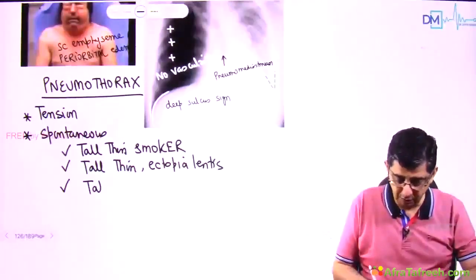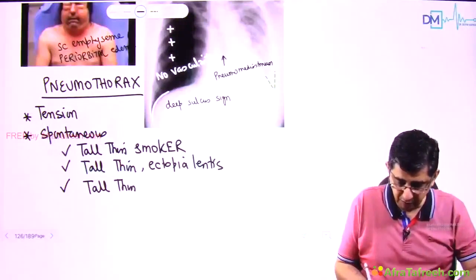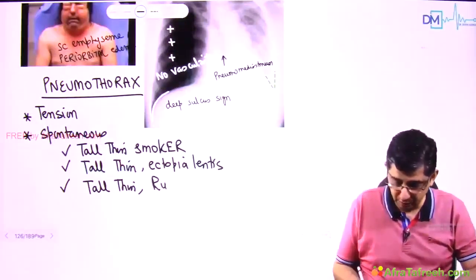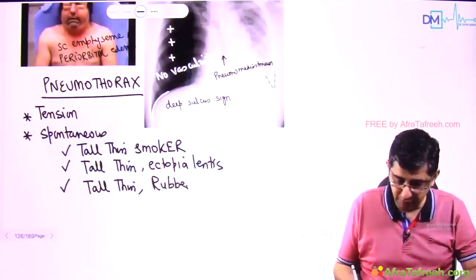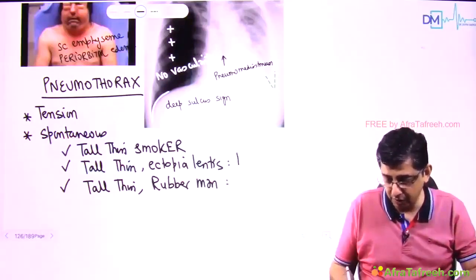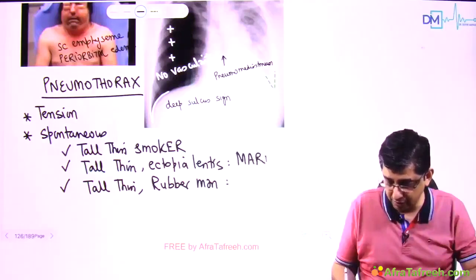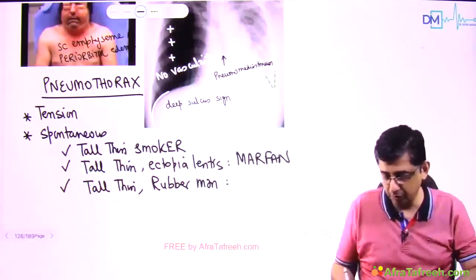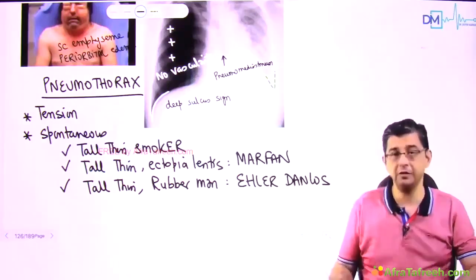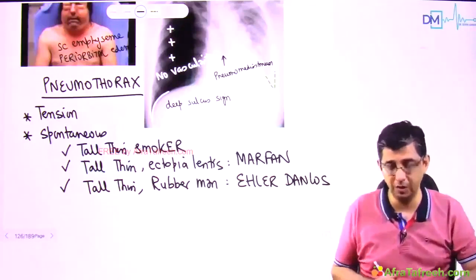Or he can describe a very tall and thin person with very flexible skin and hyperextensible joints. People call him Rubber Man. He has participated in various reality shows where he can contort his body into a glass container. I'm talking about a person having Ehlers-Danlos syndrome, where there is extreme flexibility of the joints and obviously a very stretchable, flexible skin in the patient.